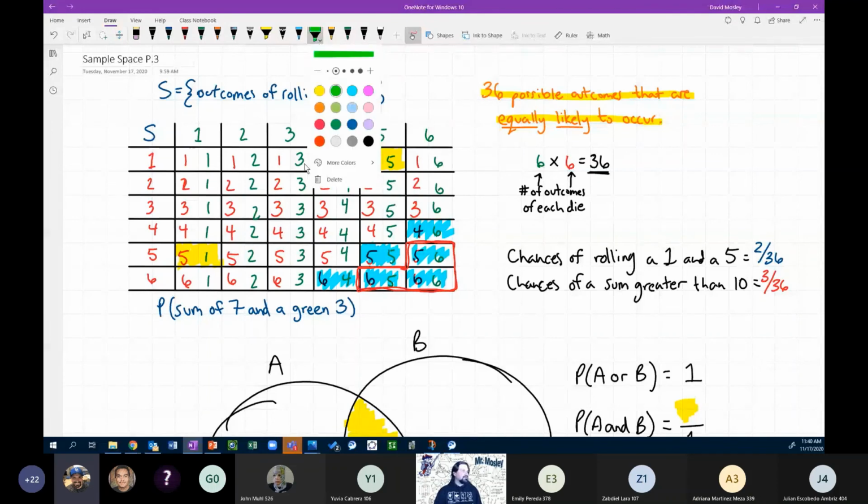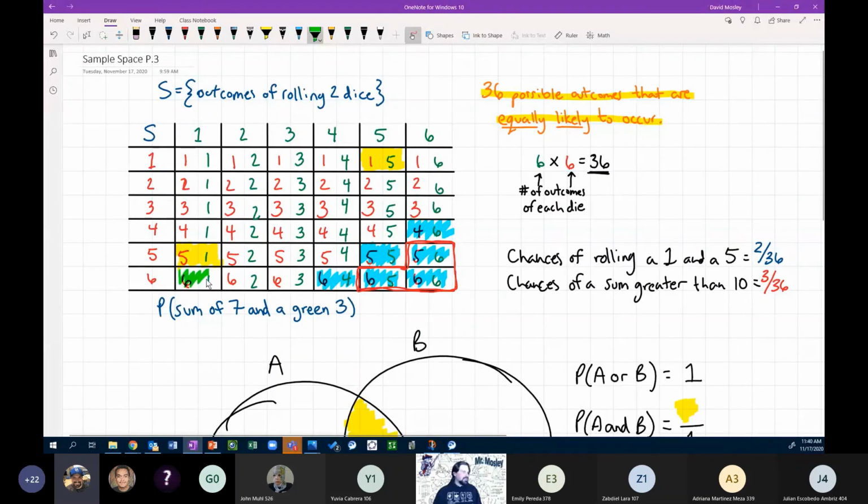We know the sum of 7 is this diagonal, and a green 3 is this column.